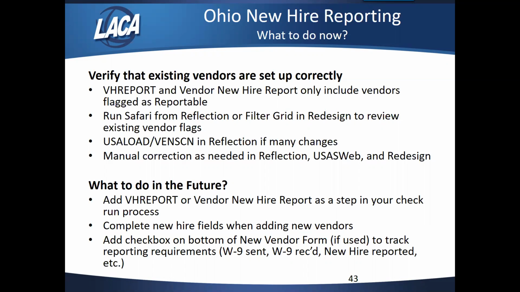And some districts, depending on what form you're using, you may have a checkbox that you want to add to your district vendor form to track these other fields that you need, or have you met your reporting requirement, or even if you have a W-9 back or not, because a lot of the information that you get for the new hire reporting comes from that W-9. So those are just some tips going forward to make sure you're meeting these requirements.